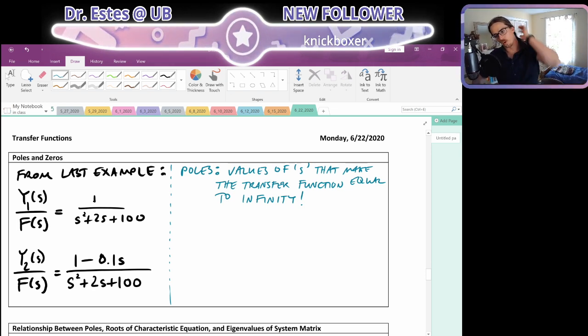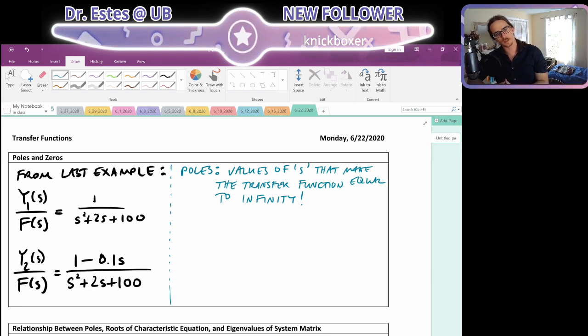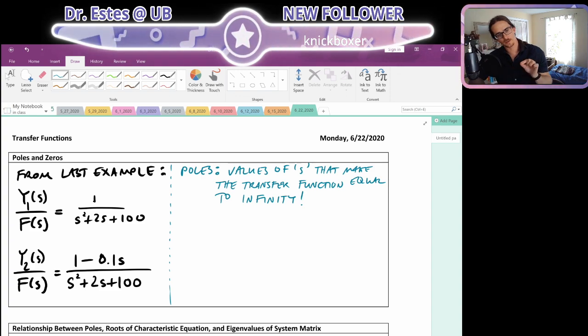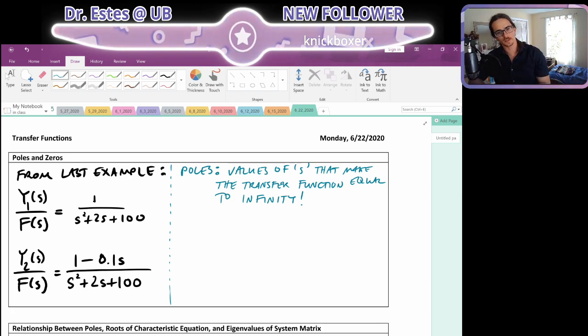So a pole of this transfer function is going to be some value of s that I can plug in to these transfer functions, and it'll make the whole transfer function evaluate to infinity.